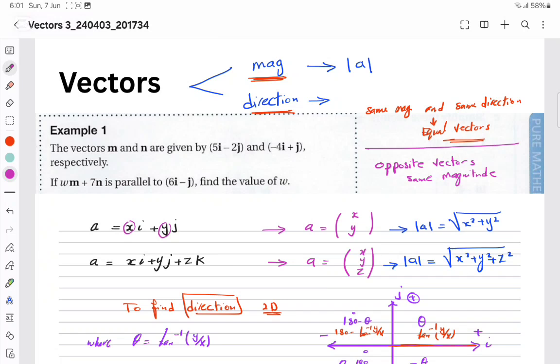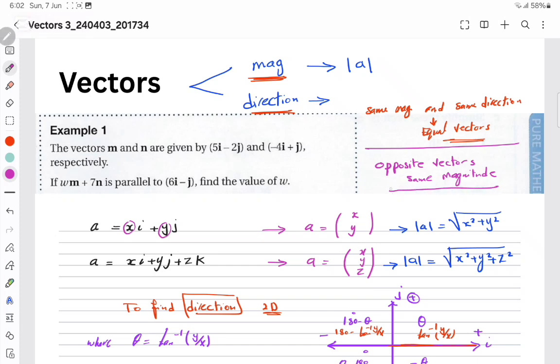What is the concept of the opposite vector? It has the same magnitude, the same length, but points in the opposite direction. So for example, if you have negative 2i plus 5j, the opposite vector will be, we just change the sign of j, negative 2i minus 5j, and so on.